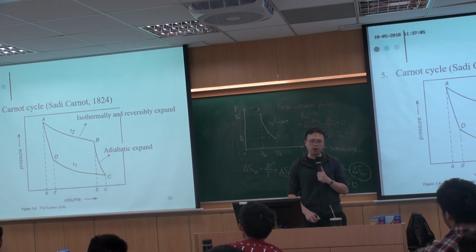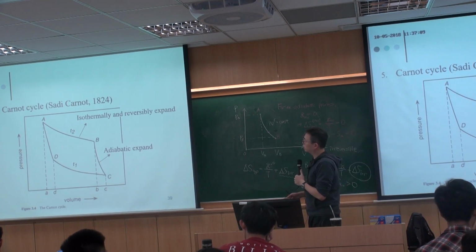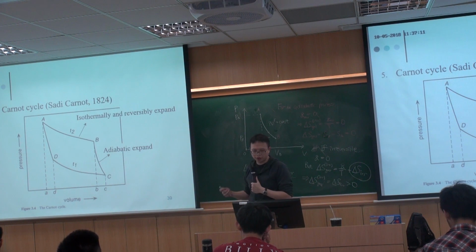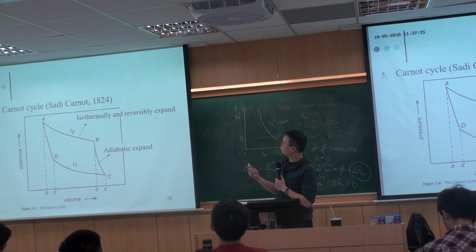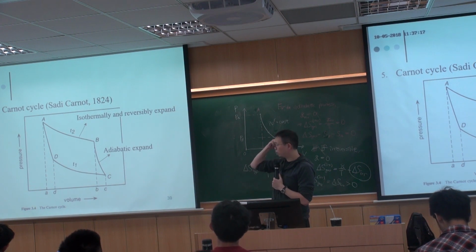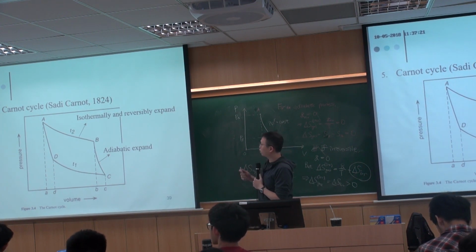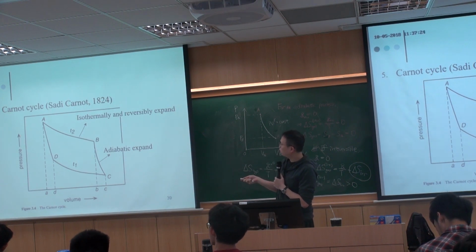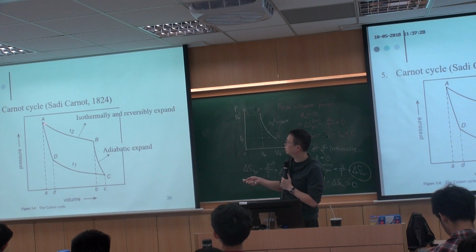And one of the examples, I think the most important example that you've probably already learned in the first year when you talk about general physics and general chemistry, is the Carnot cycle. And the Carnot cycle consists of 4 different processes to form a cyclic process.